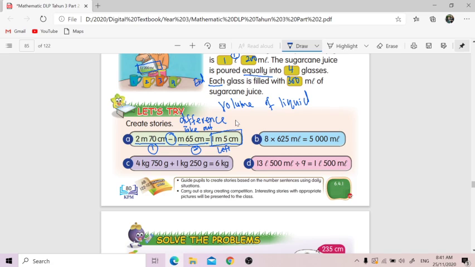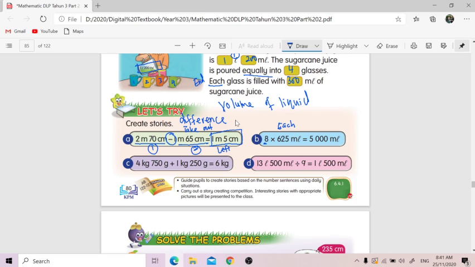Okay, multiplication we already touched on. It starts with a number and each. This is each. Yeah, so each of the maybe glass or jug contains 625 milliliters.